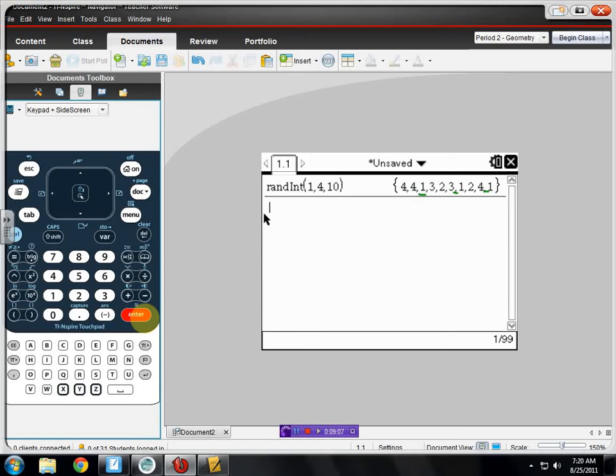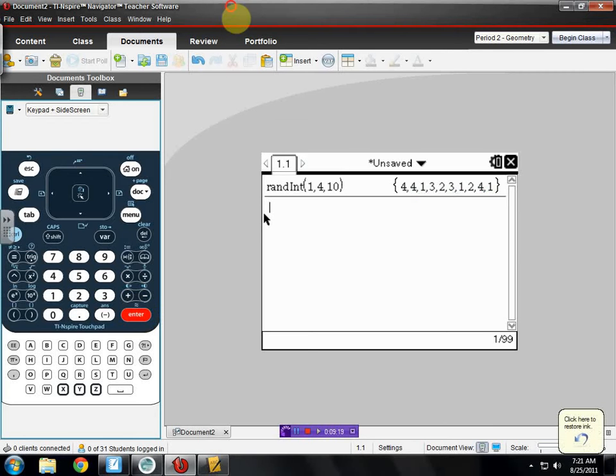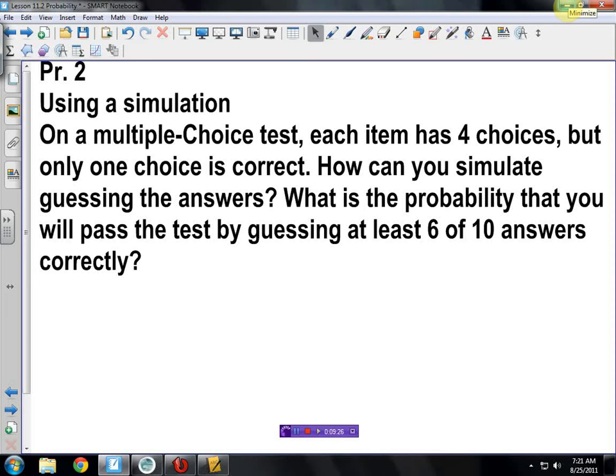So here I got 3 1s, which means I got 3 right out of 10, which is a 30%. All right. So on that guess right there, we got a 30%.